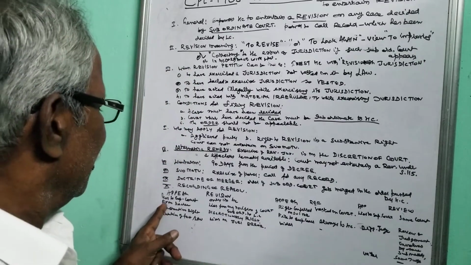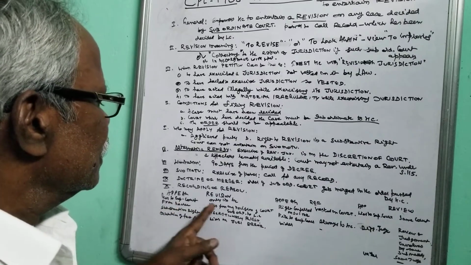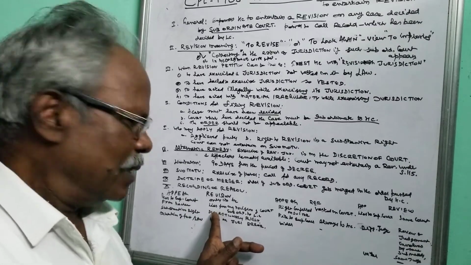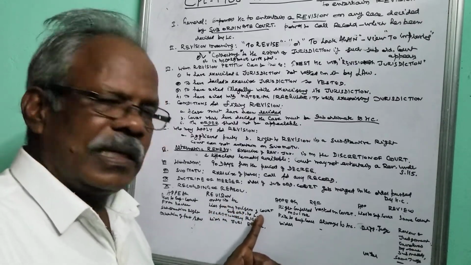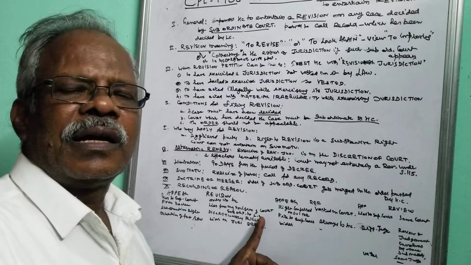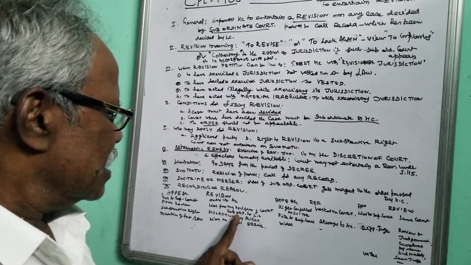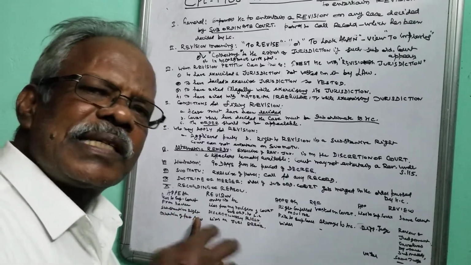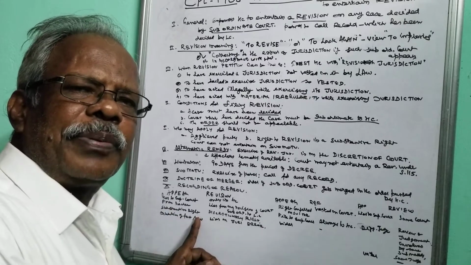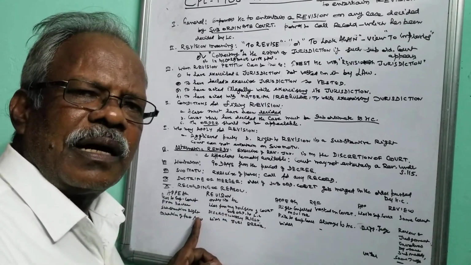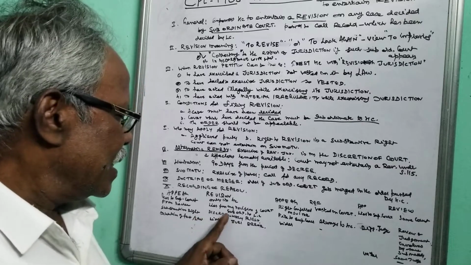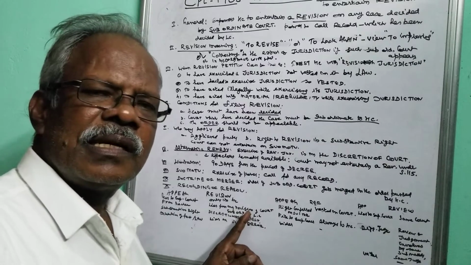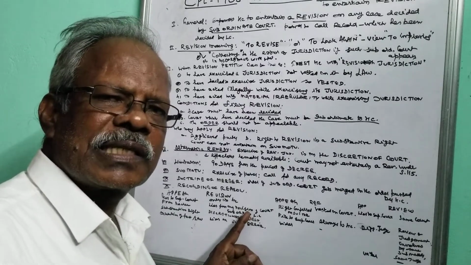Second thing, an appeal lies only from a decree, but revision lies from any decision of the lower court, subordinate to the higher court. Then the appeal is to enforce a substantive right. Here the revision petition is known as a discretionary right.